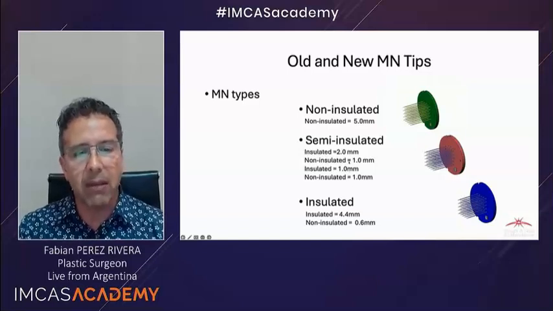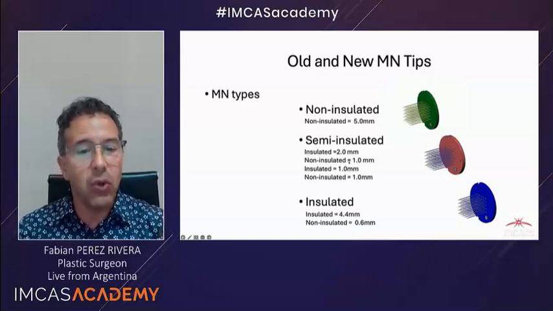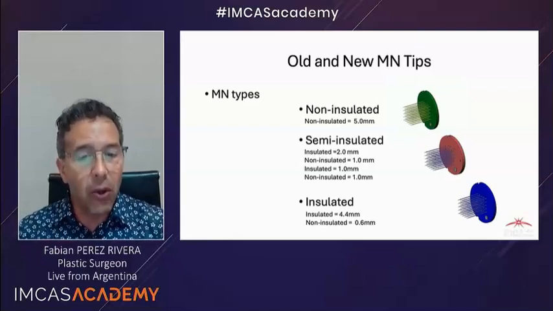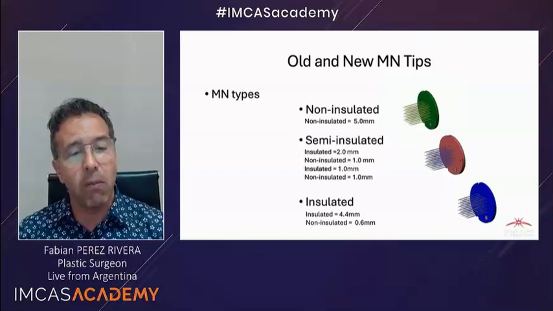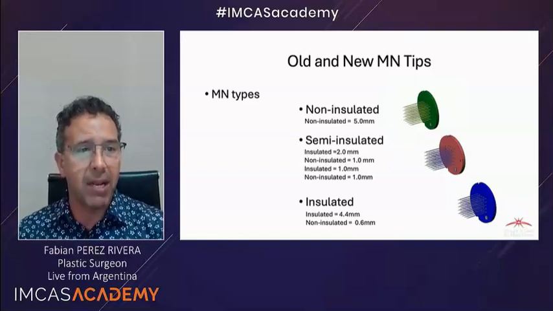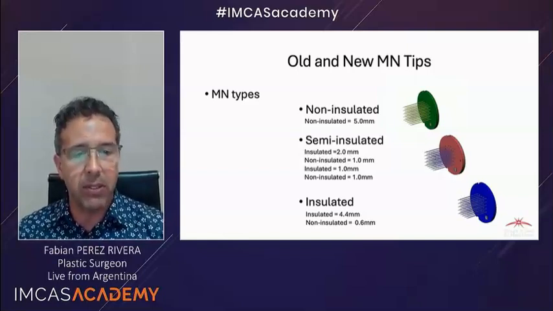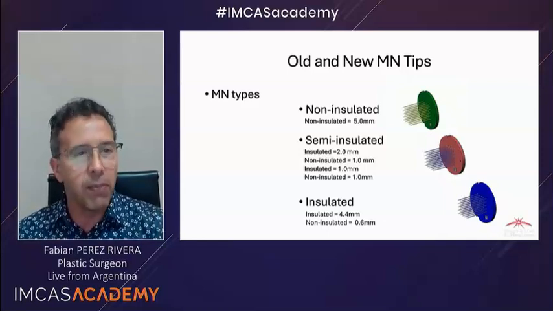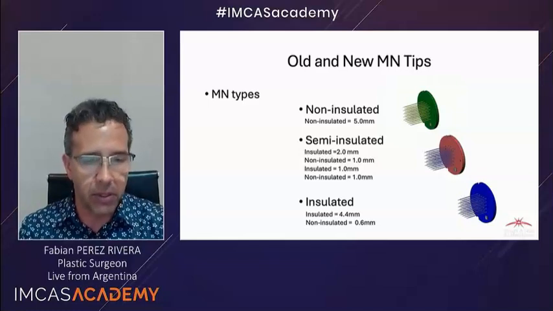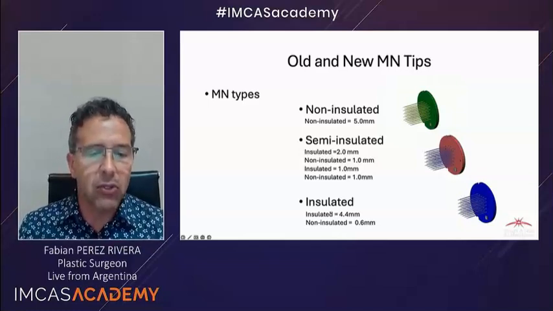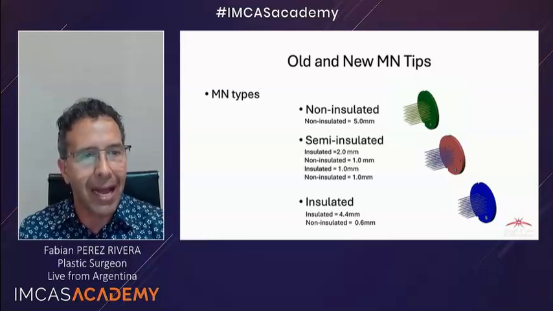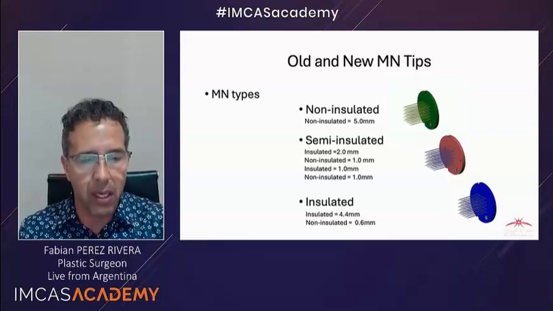The semi-insulated is really interesting: the first 2 millimeters are insulated to avoid any lesion of the epidermis, the next millimeter is non-insulated to act on the papillary or reticular dermis, then again insulated, and finally non-insulated to go deeper, for example into the hypodermis. And finally the classical insulated, in this case only the 0.6 tip can act. The rest is insulated.